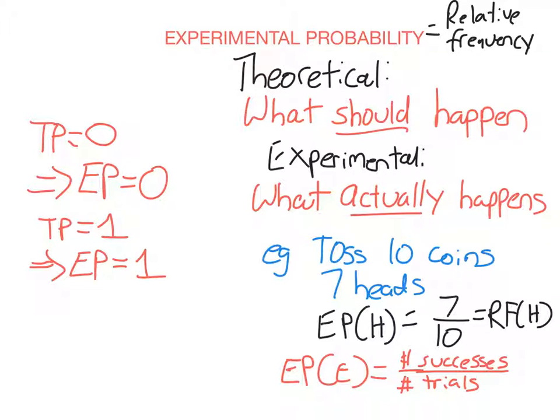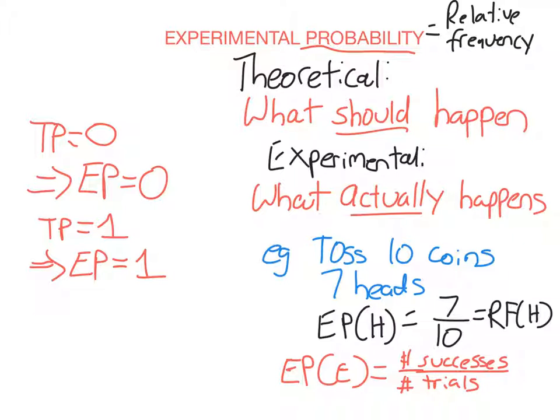Now, because experimental probability is still a probability, it follows all the things that we've been talking about. So the experimental probability always has to be between 0 and 1. Of course, you can't have an experimental probability of -1 or 3.2 or whatever, and we still need to write it as such, so we don't say the experimental probability of getting heads was 70%.